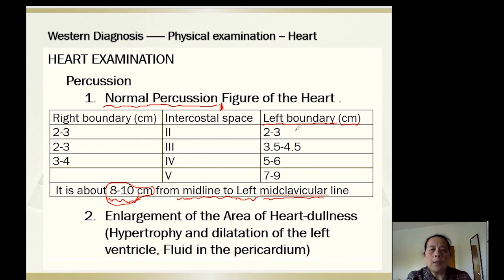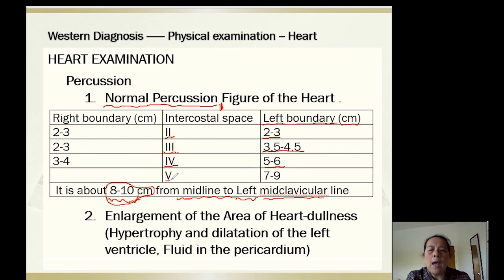Then we're looking for the left side border of the heart. In the second intercostal space, about 2 to 3 centimeters. In the third intercostal space, 3.5 to 4.5 centimeters. In the fourth intercostal space, 5 to 6 centimeters.